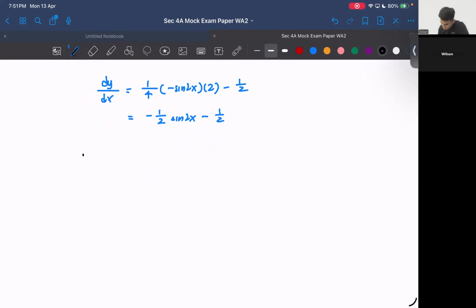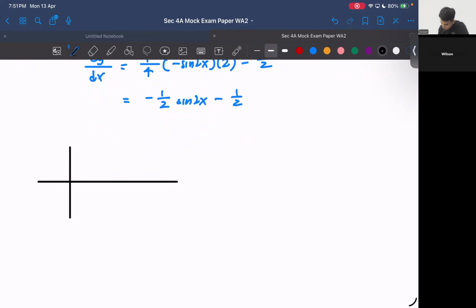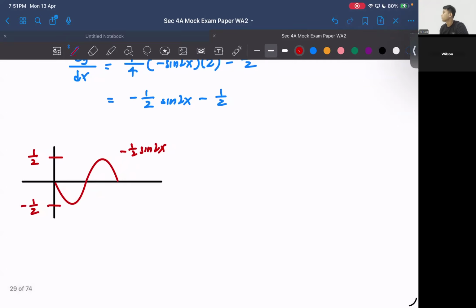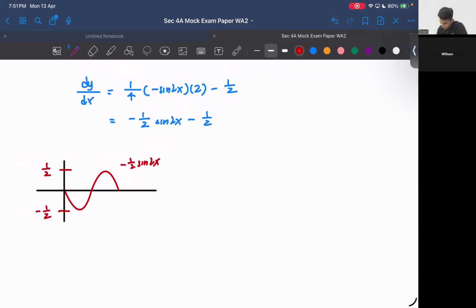Now, I just want to draw the graph for everybody to see. If you do not know what negative sine 2x looks like, it will look something along these lines. This is your y, equal to negative half sine 2x. Maximum value is half. Minimum value is negative half. Agree? So negative half sine 2x is in between half and negative half.